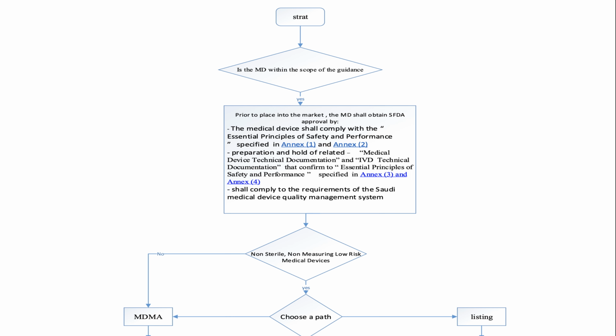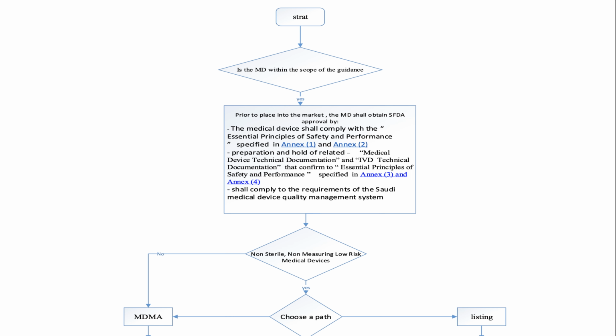The moment you fulfill all four annexures, you need to comply with the requirements of the Saudi Medical Device Quality Management System, which is the QMS of a Saudi medical device.